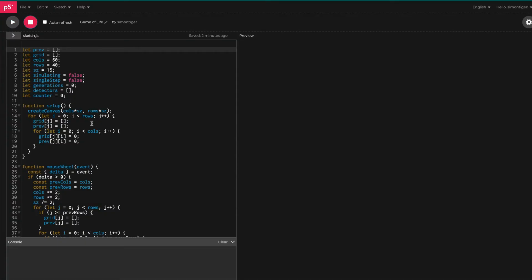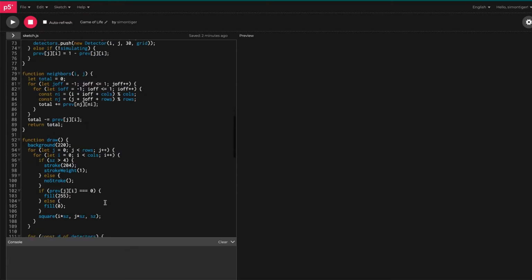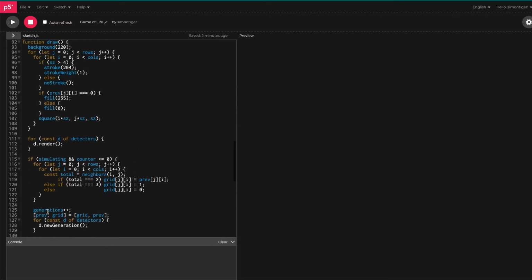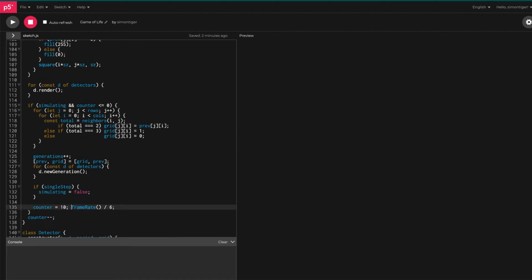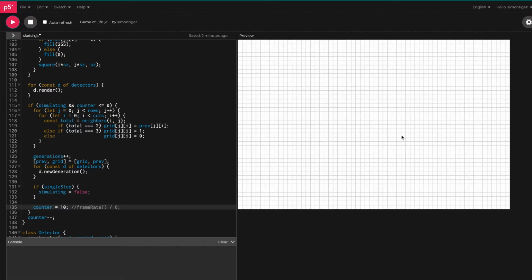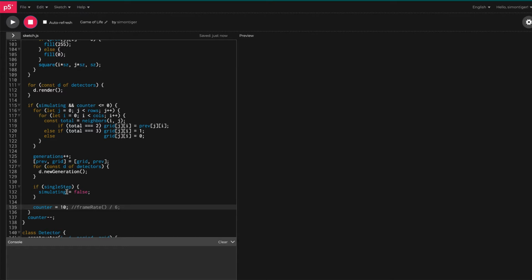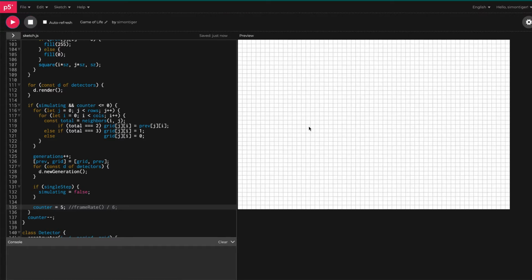Hang on, let me just make a little temporary change in the code. This blinker, for example, has a period of 2 because it repeats after 2 generations.